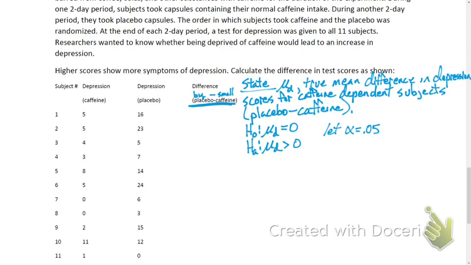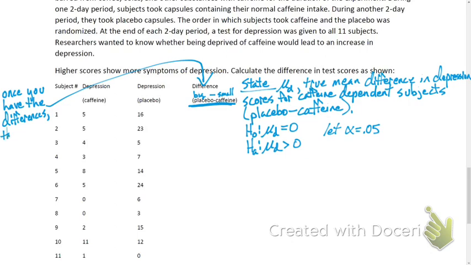So we need to get the differences. That's all we care about. You can even make that note on your paper, maybe in the left margin. Once you have the differences, so that's going to go right there.